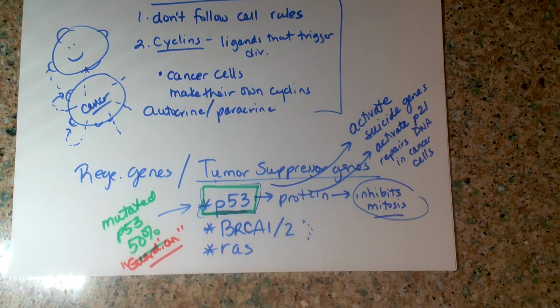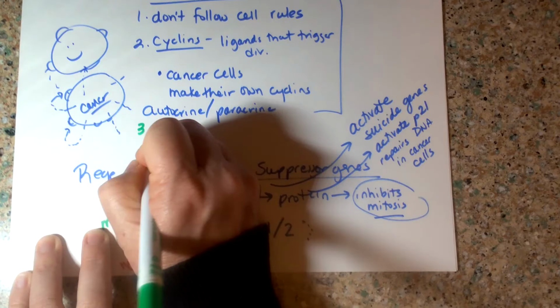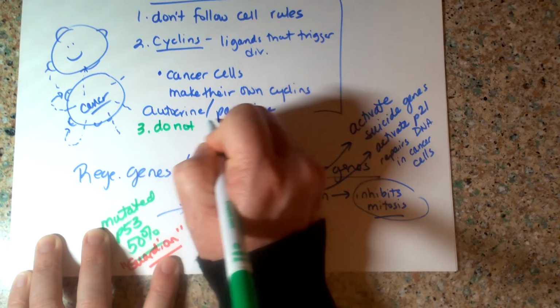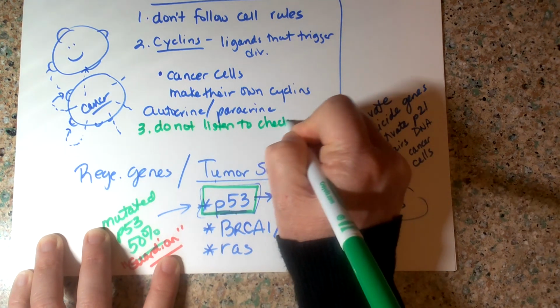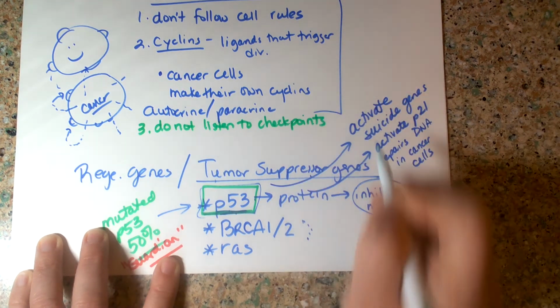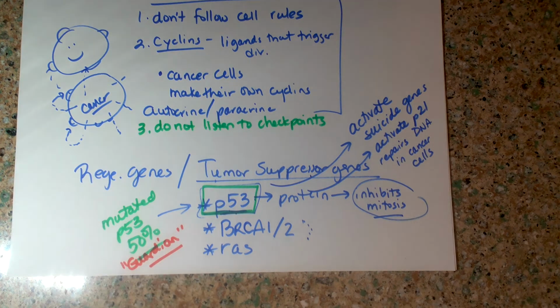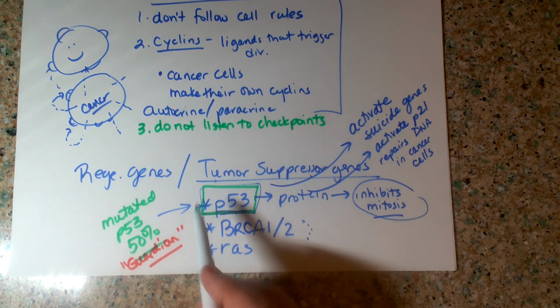Another thing about cancer cells is that, number 3, they do not listen to checkpoints. In the cell cycle video, we learned that there are a lot of checkpoints along the way that keep a cell from moving to the next stage. But cancer cells just don't listen to them, and it's probably because they've removed their receptors.